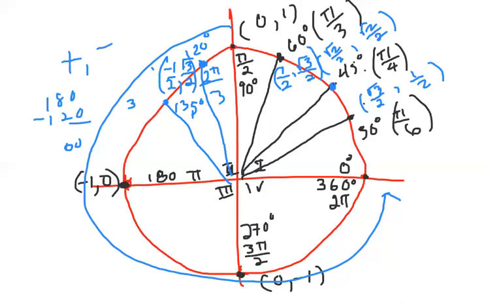Let me make sure here. 3 pi over 4, yep. And so, guys, right here, 3 pi over 4 is 135 degrees. If you take 180 minus the 135 degrees, that's going to leave you with 45. So its reference angle is 45.